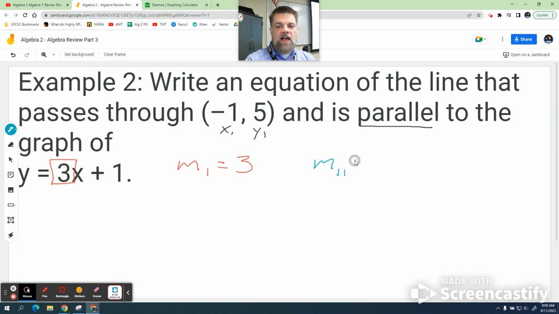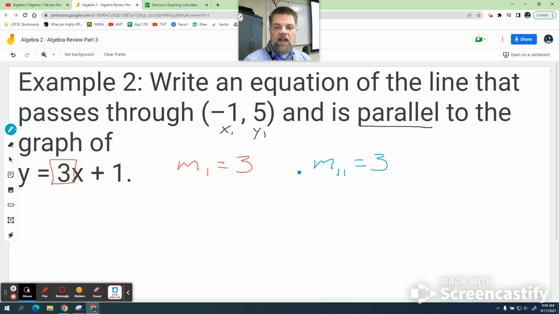That parallel lines, the slope of the parallel line, remember that 2 straight up and down lines, that's the little symbol for parallel, right? It looks like 11, but it's really parallel lines. Remember that from geometry. The slope of the parallel lines are the same. So I know the slope of the new line is going to be 3.